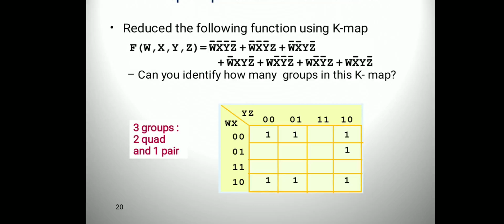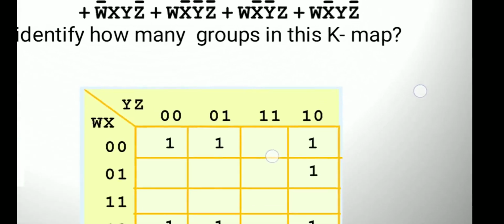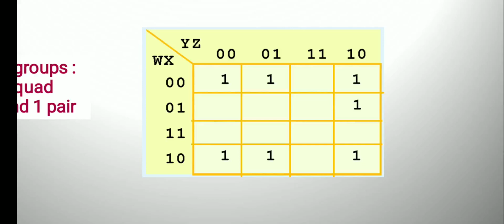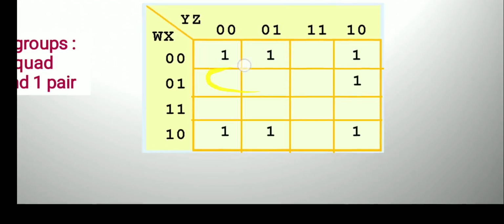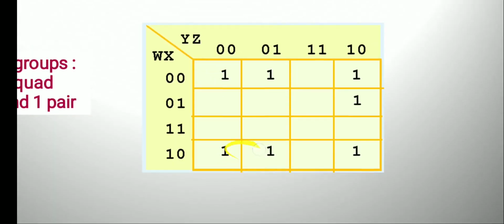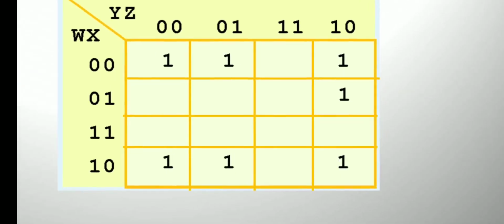At first glance, in this K-map, these two ones are adjacent, these two ones are adjacent, these two ones are adjacent, and this is in the corner place. Means we see that there are three possible pairs and one single one.